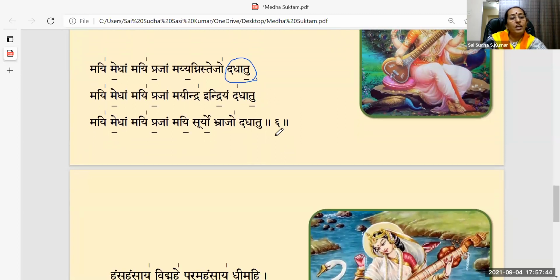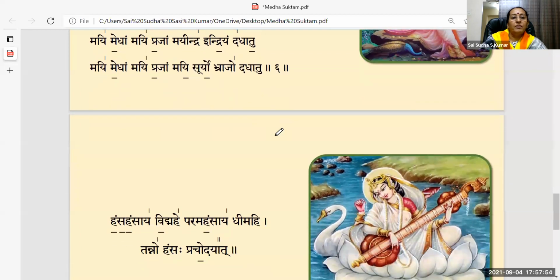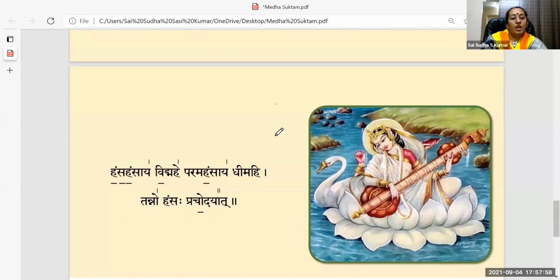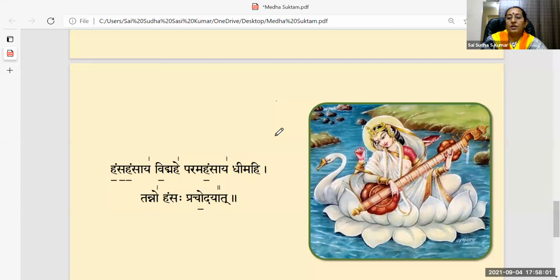Then we have Mayi Medha, Mayi Praja, Mayi Suryo, Bhrajo, Dadhatu. And here again Bhrajo, not Brajo. And last is the Hamsa Gayatri. Here it is Hamsa Hamsaya.